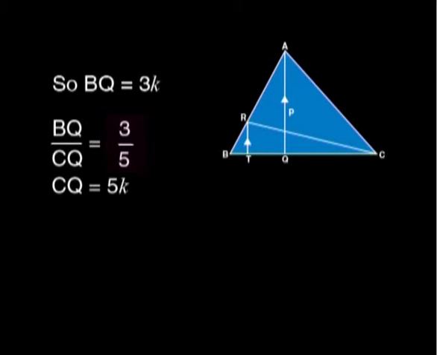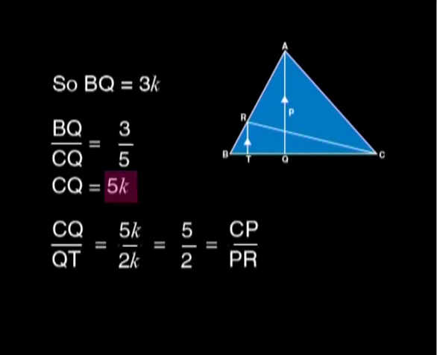That helps because that means CQ equals 5K. So now we know that CQ to QT equals 5K to 2K, and that's also equal to CP to PR. So we get CP divided by PR equals 5 divided by 2. And that answers the question.